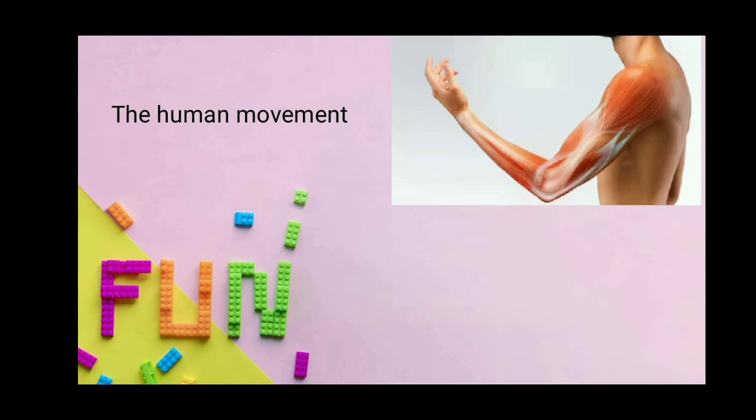In order to move, the body needs something called a motion system. Every human body has 2 types of motion tools, namely active motion tools and passive motion tools. Both types form a motion system that makes the human body move.